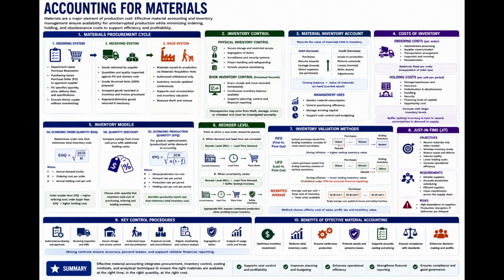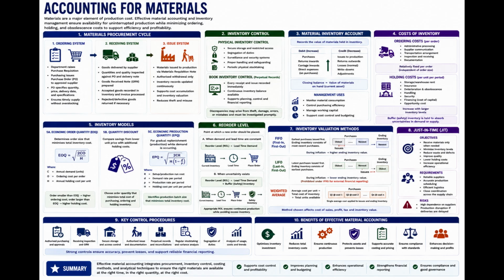Many organizations also maintain buffer safety inventory to protect against unexpected demand increases or supplier delays, although this increases holding costs. The trade-off between ordering and holding costs gives rise to the economic order quantity (EOQ) model, which identifies the order size that minimizes total inventory costs.